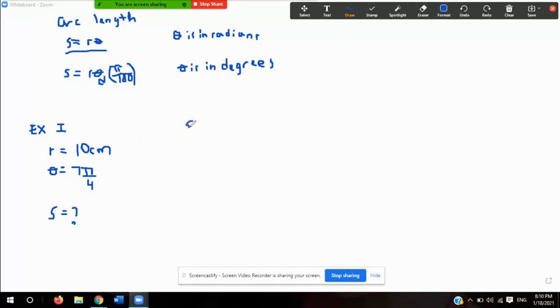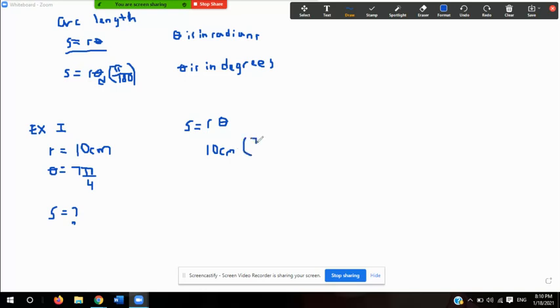When theta is in radians, S equals R times theta. The radius in this case is 10 centimeters, and theta is 7 pi over 4.